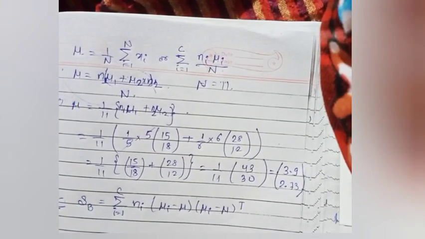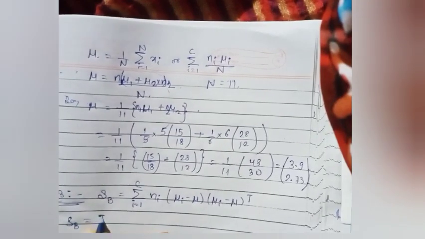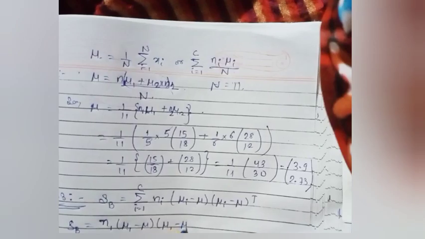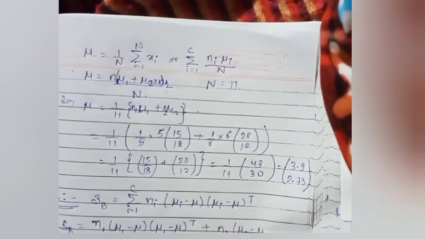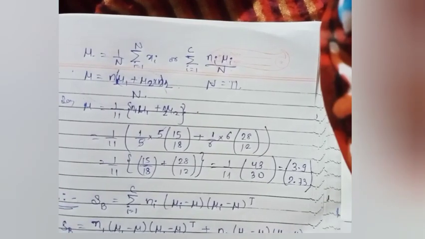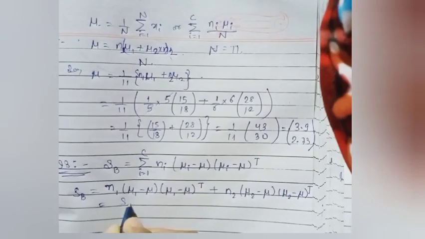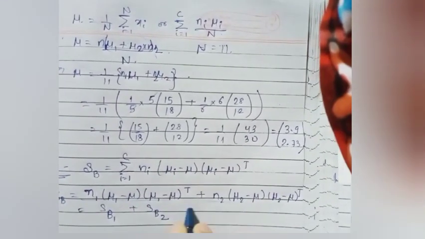If we have only a two-class matrix, we can simply write it as n1 (mu1 minus mu)(mu1 minus mu) transpose plus n2 (mu2 minus mu)(mu2 minus mu) transpose, like this, which equals SB1 plus SB2. This one is SB1 and this one is SB2.